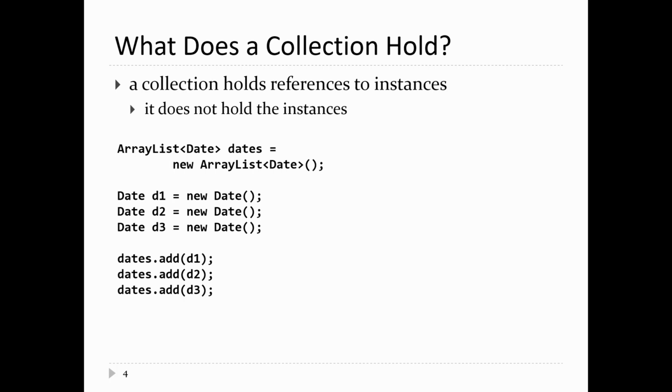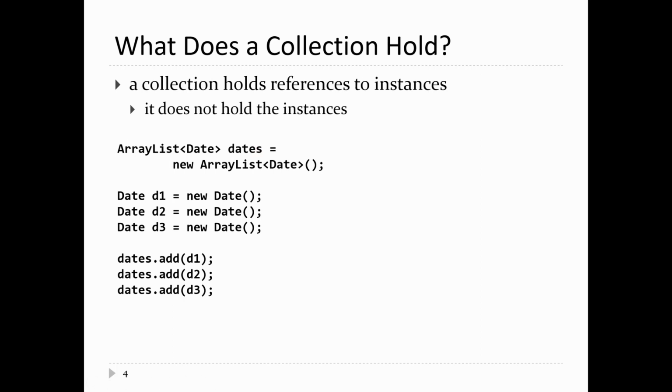All right, so what does a collection actually hold? And this is true for an array as well. It turns out in Java, the collection does not actually hold the elements. Like everything else in Java, a collection holds references to elements.